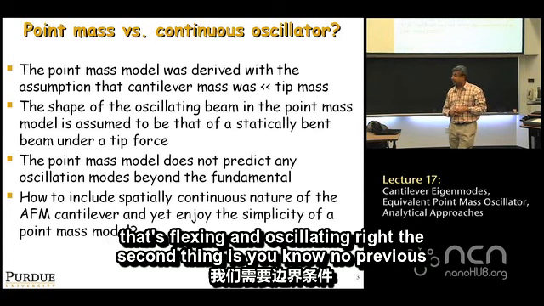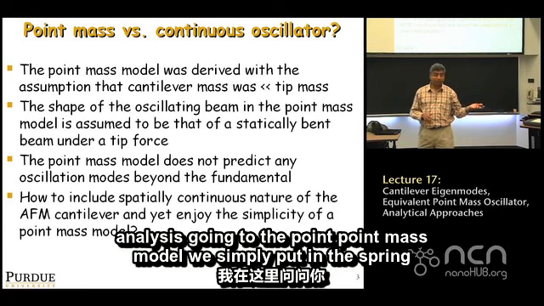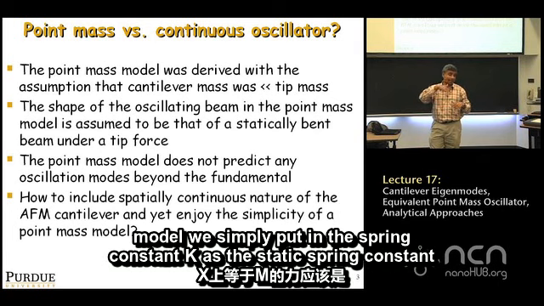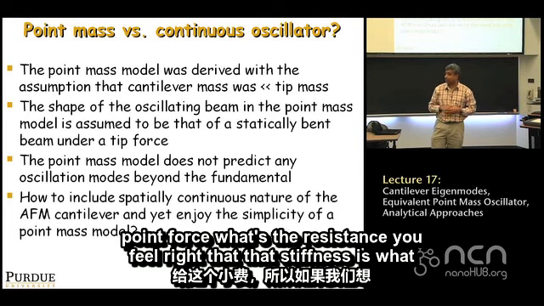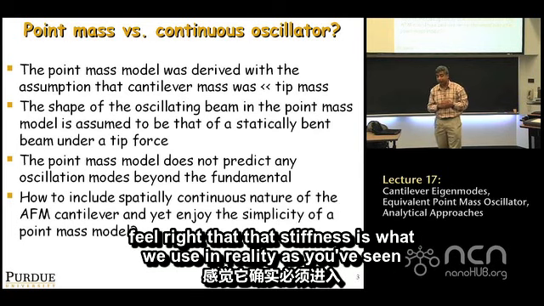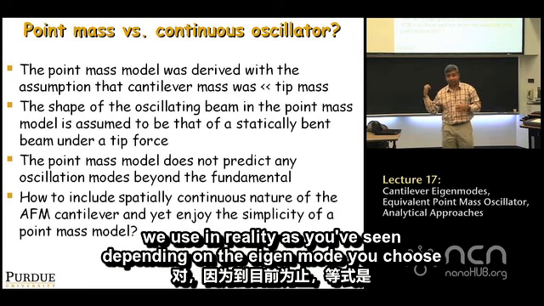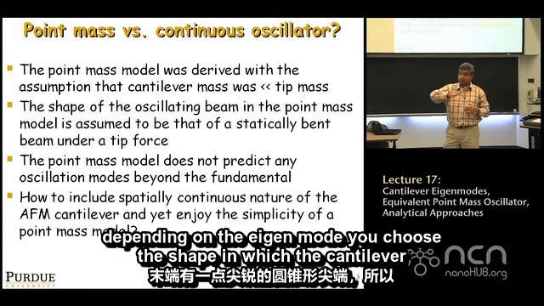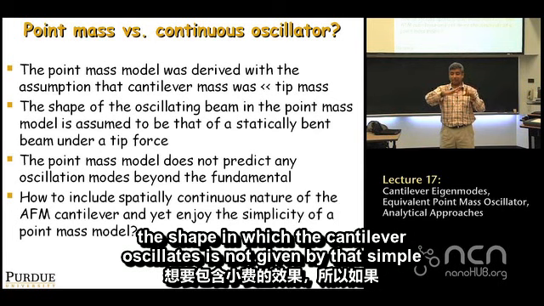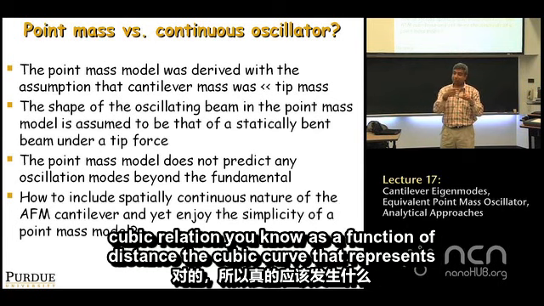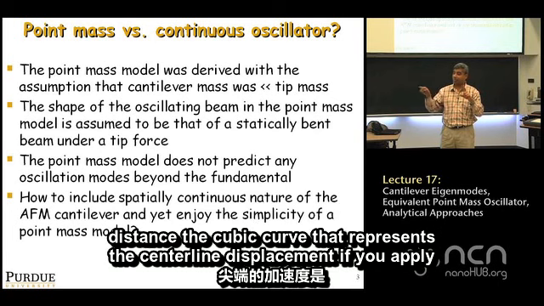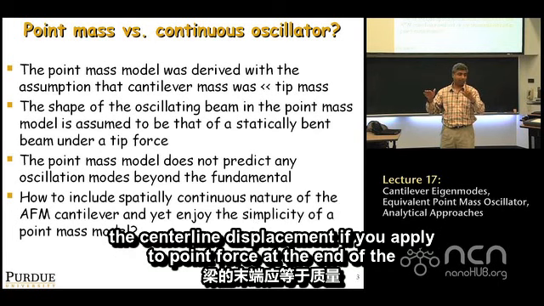The second thing is, in our previous analysis, when we did the point mass model, we simply put in the spring constant K as the static spring constant of the cantilever, which is when you apply a point force, what's the resistance you feel, right? So that stiffness is what we use. In reality, as you've seen, depending on the eigenmode you choose, the shape in which the cantilever oscillates is not given by that simple cubic relation, as a function of distance, the cubic curve that represents the centerline displacement if you applied a point force at the end of the cantilever.